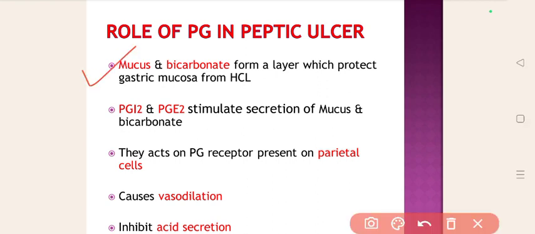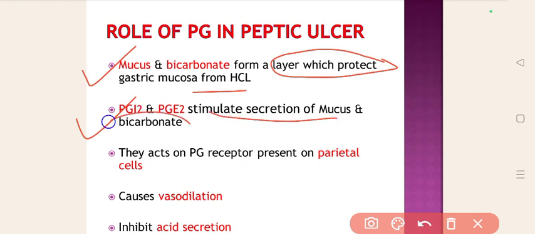Now, what is the role of prostaglandin in the peptic ulcer? We'll see, mucous neck cells secrete mucus and bicarbonate, and they form a protective layer, which protects GI mucosa from HCl. PGI2 and PGE2, PGI2 meaning prostacyclin, stimulate the secretion of mucus and bicarbonate.